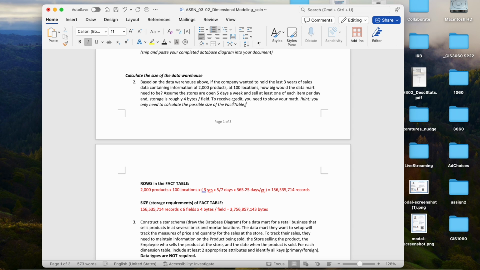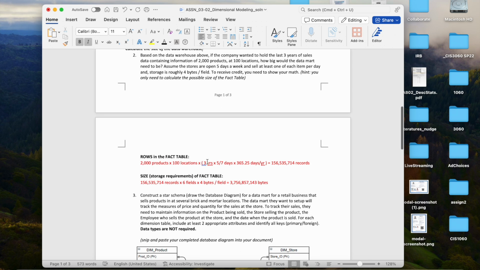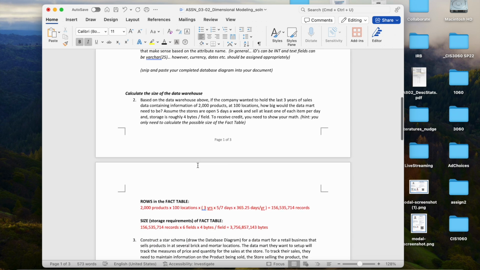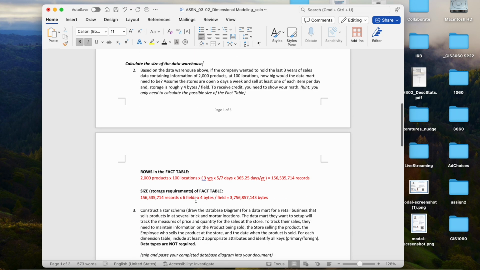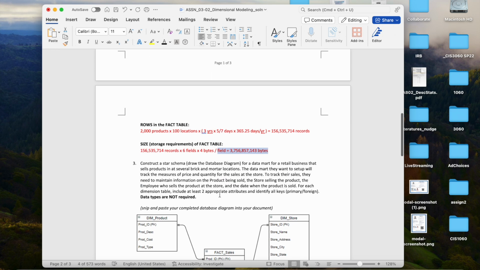But since the products could be sold in 100 different locations, you have to multiply by this. So that is why we use 2,000 multiplied by 100 multiplied by the days we have. So that's the number of rows we have in the fact table. And then we also include how many fields. This one also has 6 fields, and each field is 4 bytes. So this is the result.